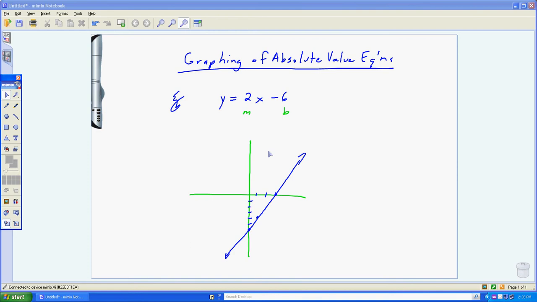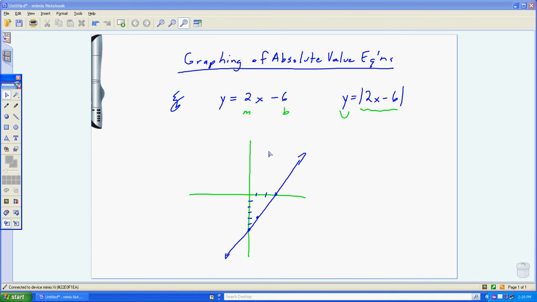But now we're talking about absolute value, and what we learned the other day is that everything's positive, right? So if I look at it this way, y equals the absolute value of that equation. Well, now the y value is going to be the positive of whatever this thing is.